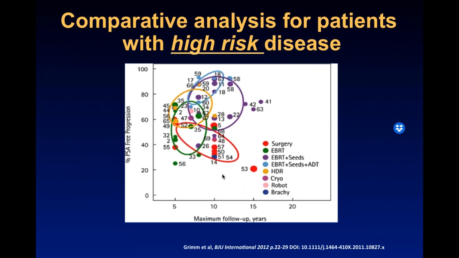And then if you look at comparative analysis for patients with high-risk disease, you also see that external beam and seeds continues to demonstrate high PSA progression-free survival, especially when you start looking at the surgery data.